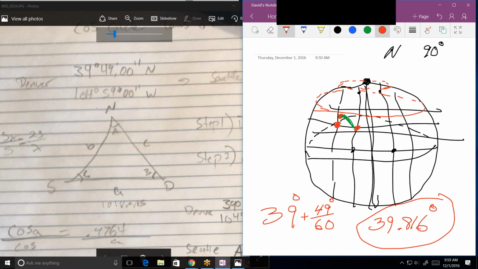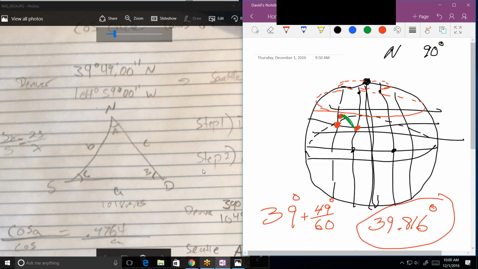So we have 39 degrees plus another piece of a degree, 49 over 60, which turns into 0.816. So Denver's longitude is 39.816 degrees.